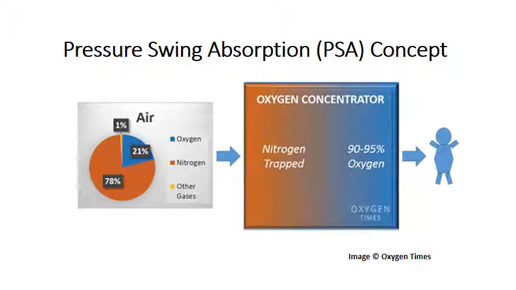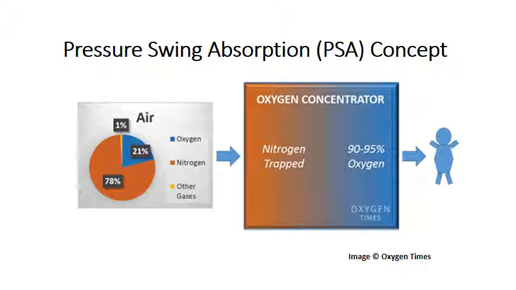Pressure swing absorption is a concept used in an oxygen concentrator to remove nitrogen and pass oxygen and the 1% other gases. Zeolite acts as a molecular sieve to trap the nitrogen, which is a larger molecule, and it passes the oxygen and the argon, which are smaller.